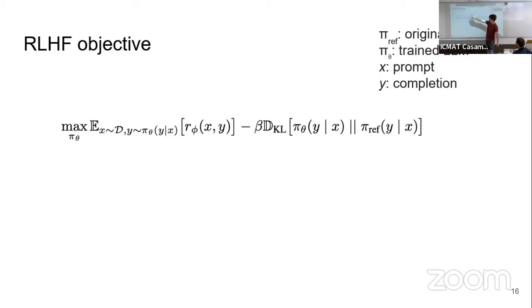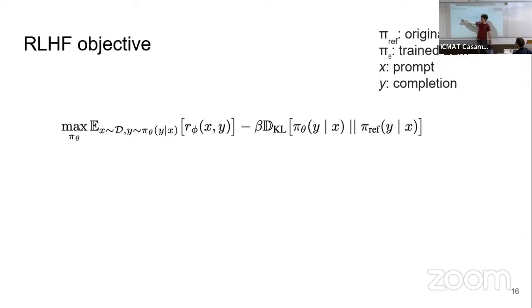And of course, our objective is to maximize some reward. This R we are going to define later, but it's a function of X and Y. X is a prompt or a question, and Y is a completion. So we have a reward function that rates, given this prompt, how good this completion is. But we have to build this in a few moments. So for one part, we want to maximize this, and this is stochastic, because this is an expectation.